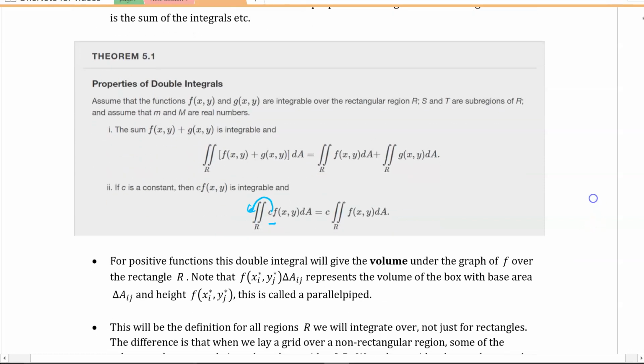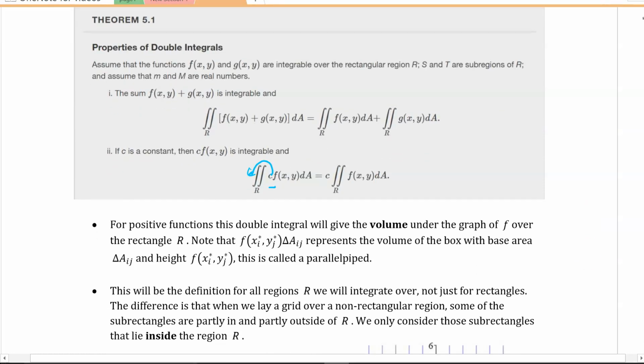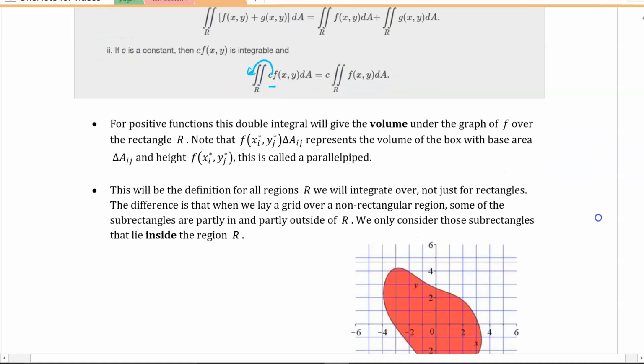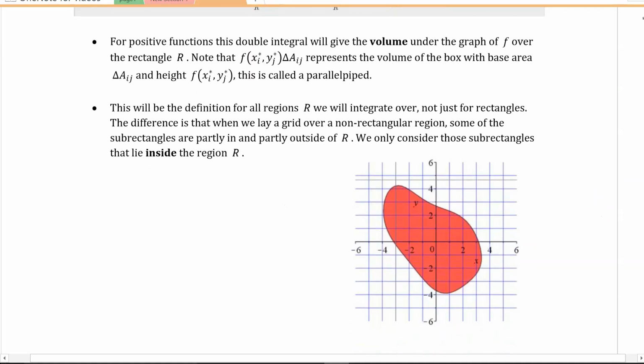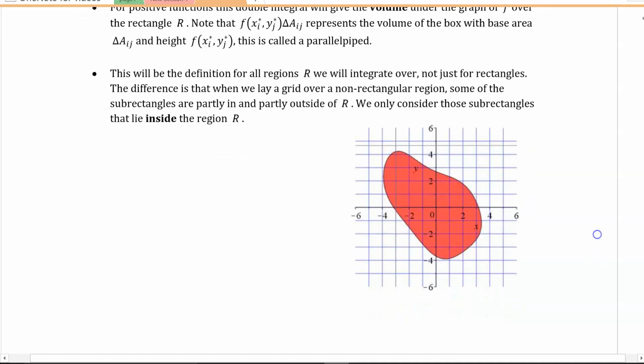We just mentioned a minute ago that for positive functions, the double integral will give you the volume under the graph above that rectangle. Okay, in general, it will be the net signed volume. All right, how do we extend that definition for regions that are non-rectangular, like we have pictured here? We're still going to lay a grid over top of it, except we're just going to consider the rectangles that lie completely on the inside of the region.